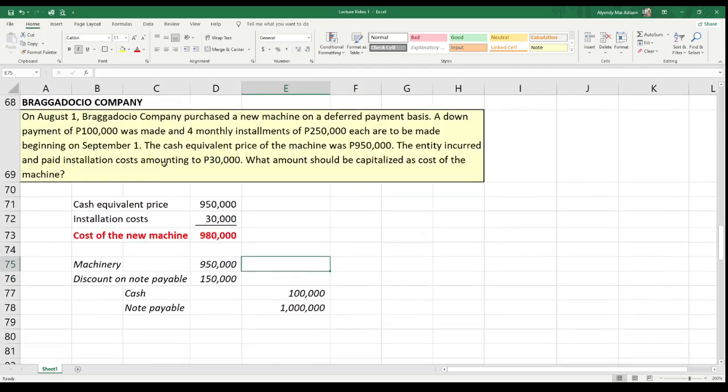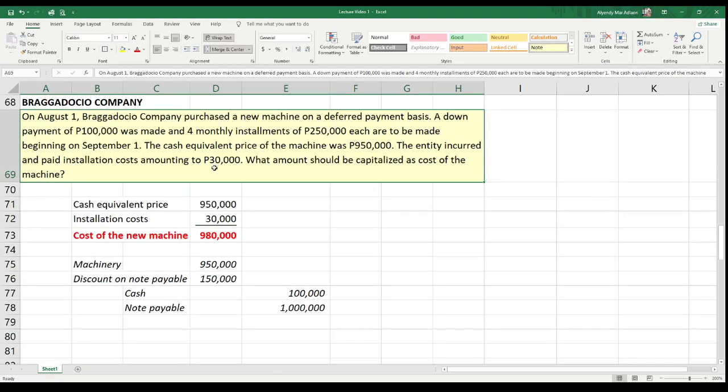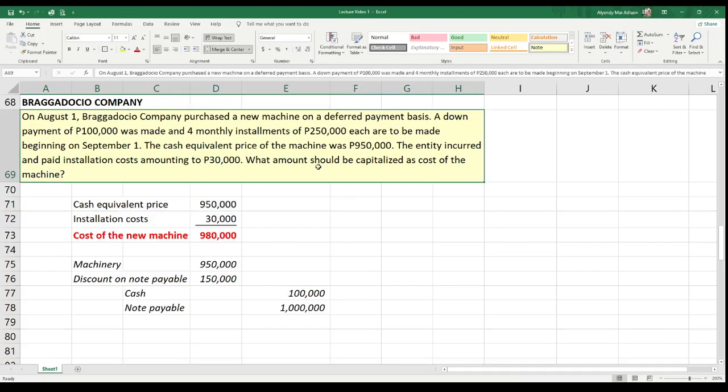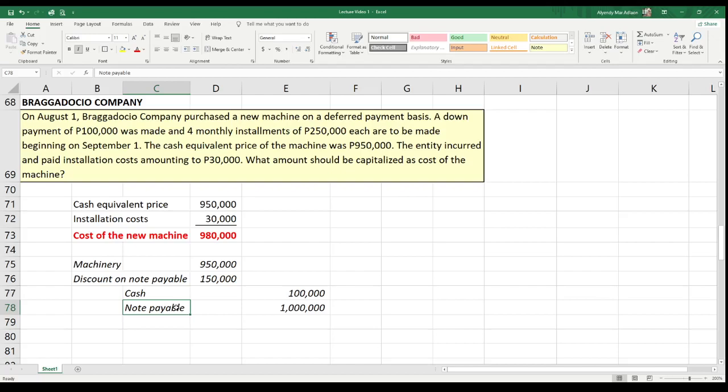Okay, because in this class, the cash price equivalent is given. So, there is no interest rate. So, when you compute for the interest expense to be amortized every month, then you will have to use the outstanding balance method. So, just refer to my previous discussion for the outstanding balance method of computing the interest expense.